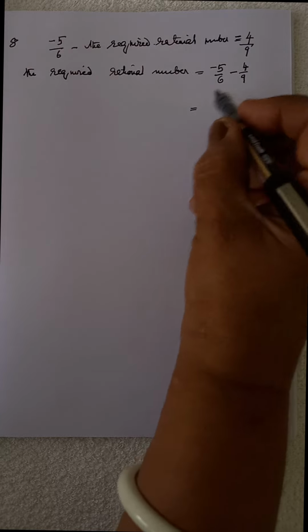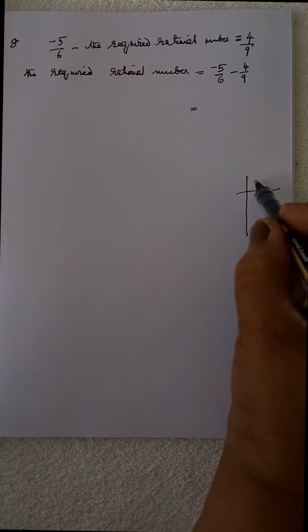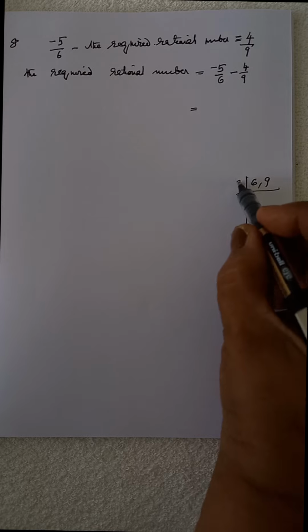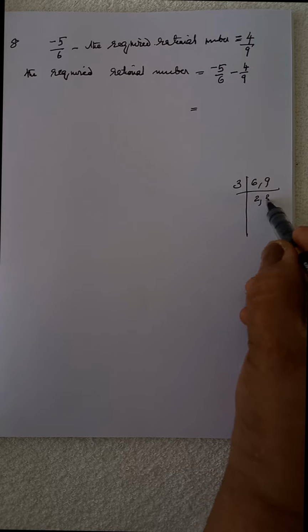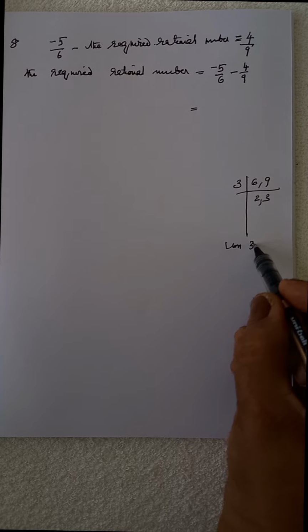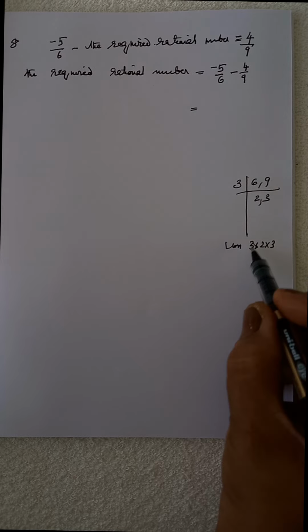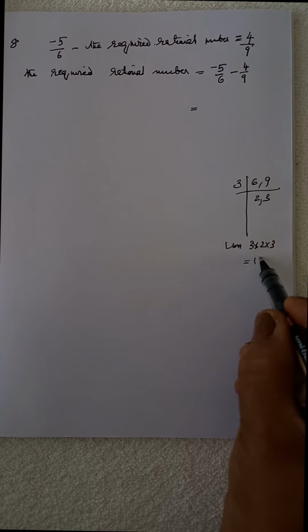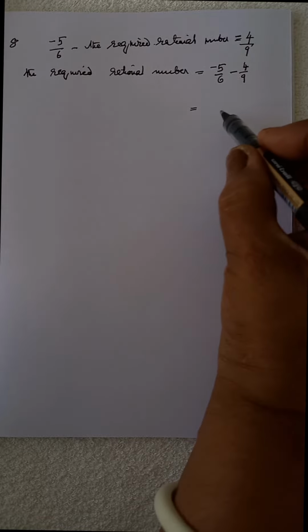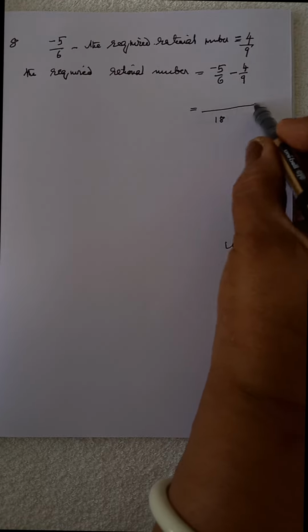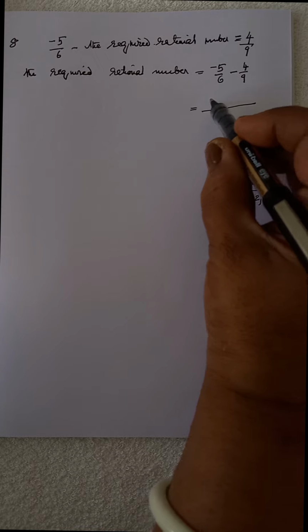So, what is the LCM of 9 and 6? 6 is 2 times 3, and 9 is 3 times 3. So, the LCM is 3 into 2 into 3, that is 3 into 3, 9, and 9 into 2 is 18. So, the common denominator is 18. 18 by 6 is 3, and 3 into 5 is 15.